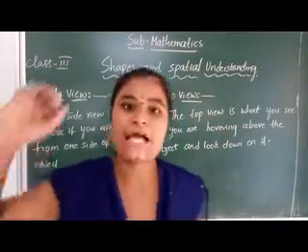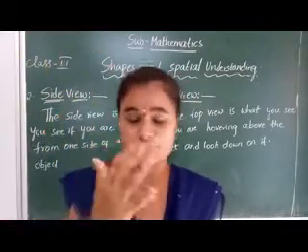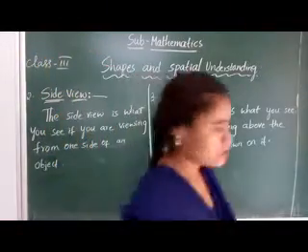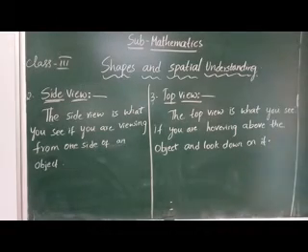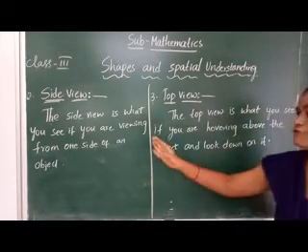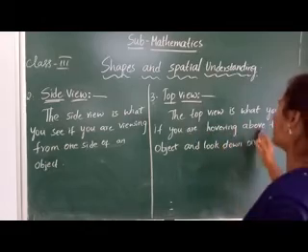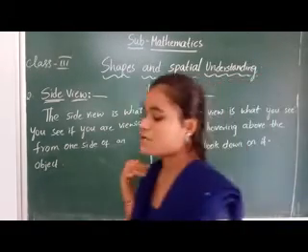Suppose you stand upside and look down, then the top view will come. So what is top view? The top view is what you see if you are hovering above the object and look down on it. This one is the top view.